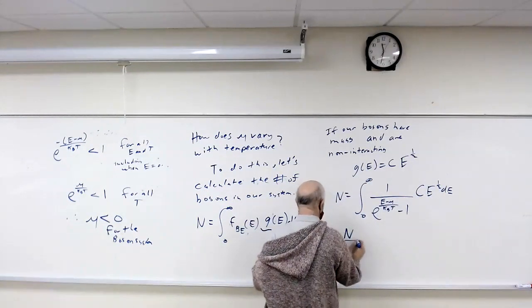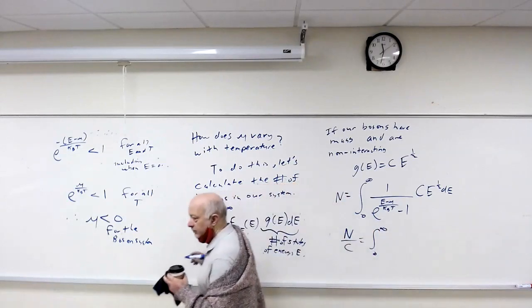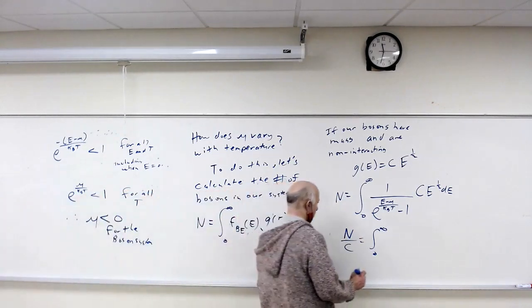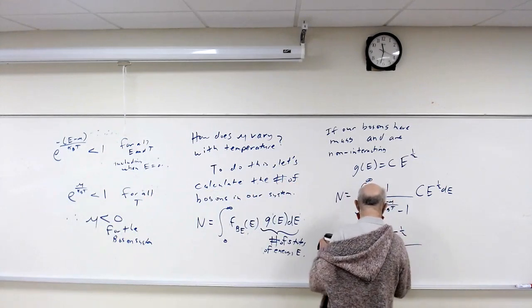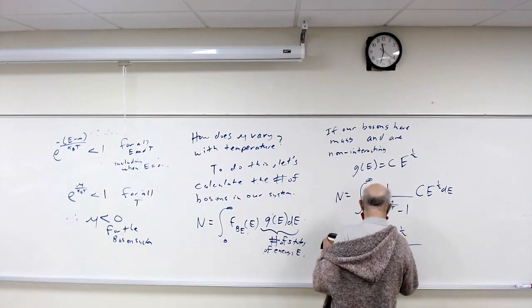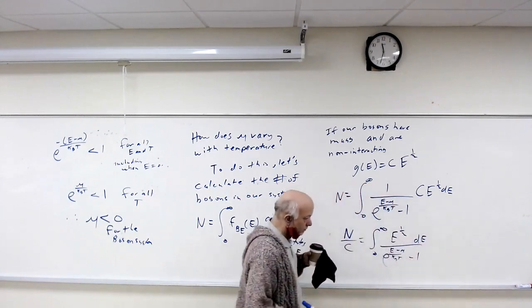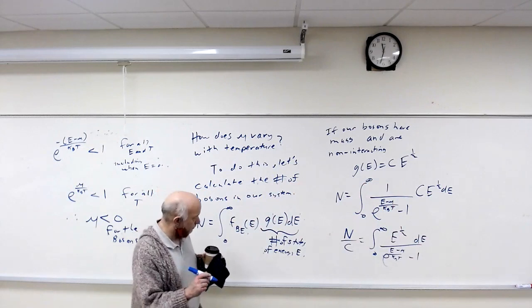I'm going to write this as N over C equals this integral from 0 to infinity of E to the 1/2 over e to the (E minus mu) over kT, minus 1, dE. Make sense?